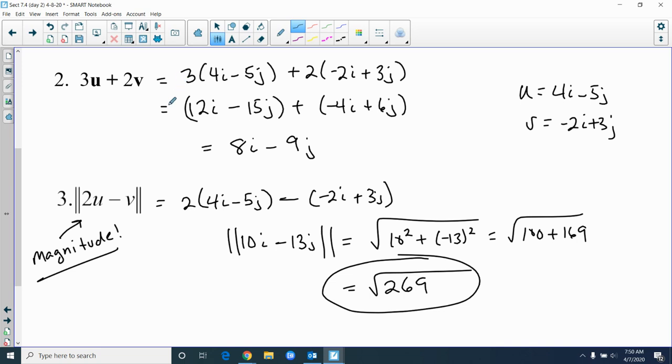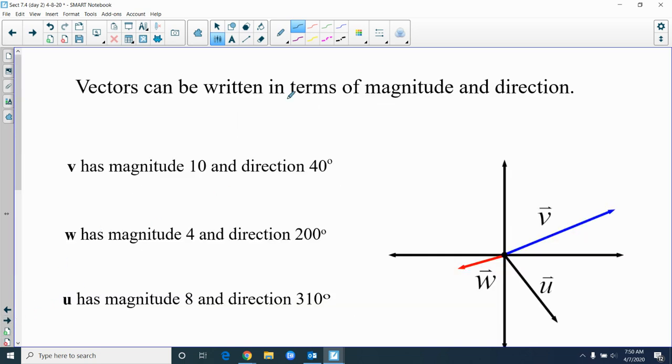So we had to understand what a position vector was so that we can talk about the ij method. Another way to represent vectors is what's called magnitude and direction. We represented them geometrically and we could see the magnitude and direction, but now we can attach a value for both.